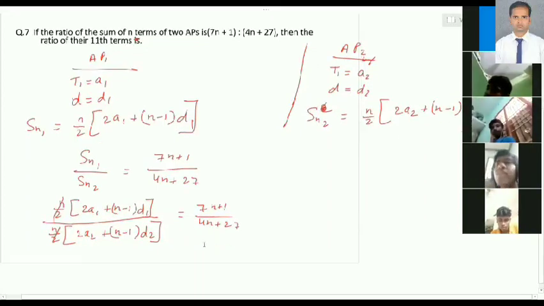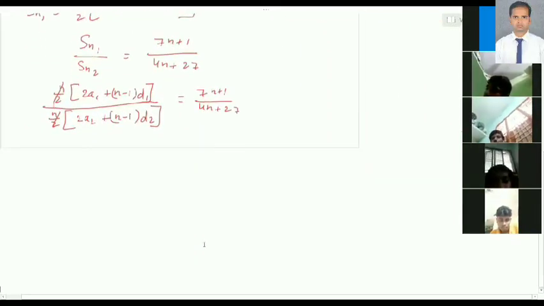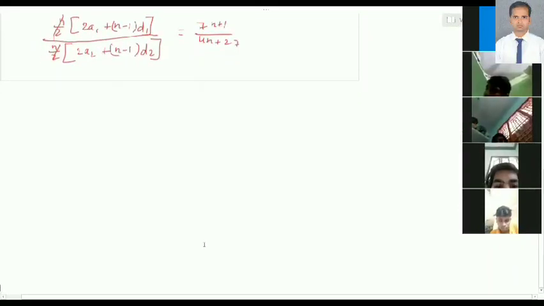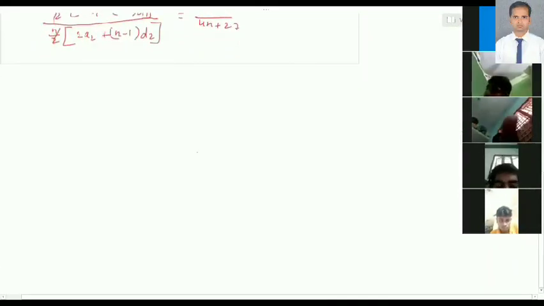Okay, so we'll move next. Now, if you see here, the first term is given as 2A1. Then we take 2 common from both the numerator and denominator.